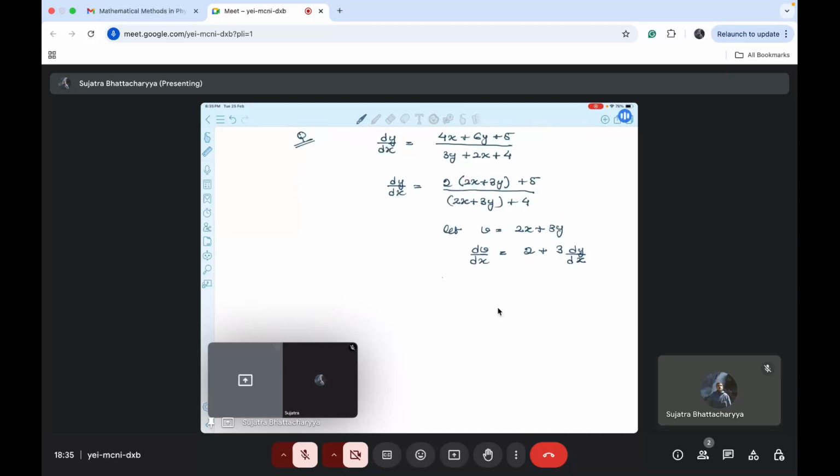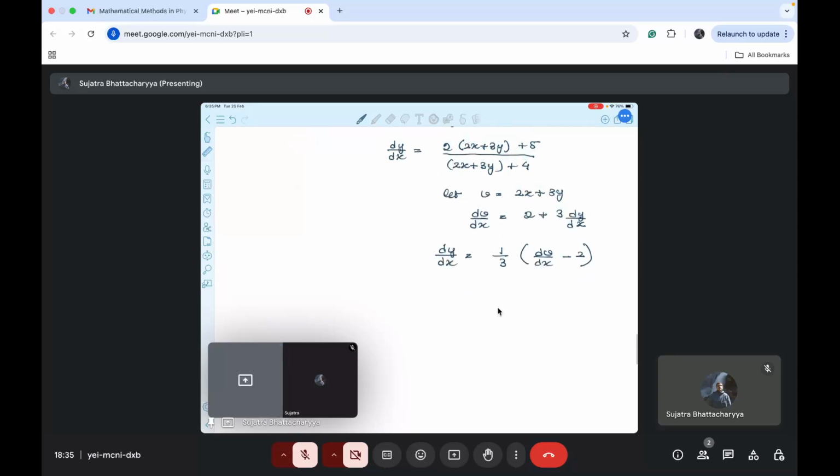Okay. And then what will be dy/dx? dy/dx will be 1/3 of (dv/dx minus 2). Fine. This can be written. So dy/dx, therefore, we are writing as this. Also, dy/dx is this. So in terms of v, can we write this as (2v plus 5) divided by (v plus 4)?